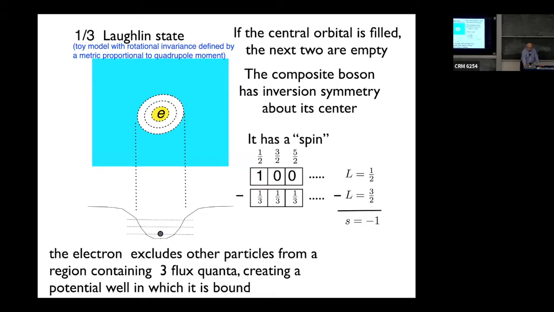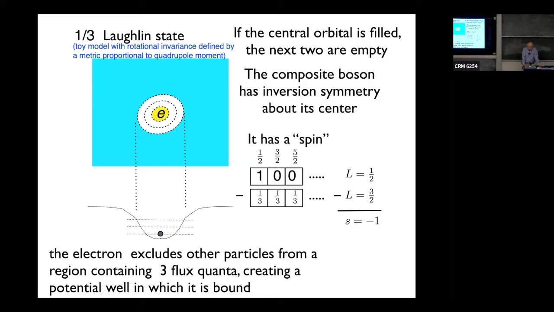The other thing is that the distribution of the electrons inside it is not uniform. To calculate its quadrupole moment, remember, this is not a traceless quadrupole moment. This is the variance. Here the central orbital is occupied and the next two are empty.